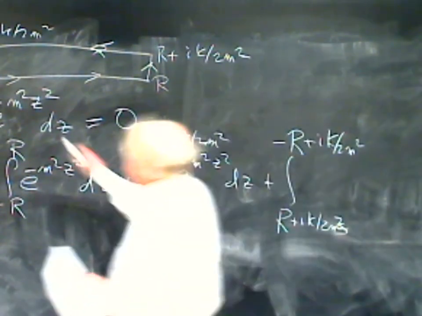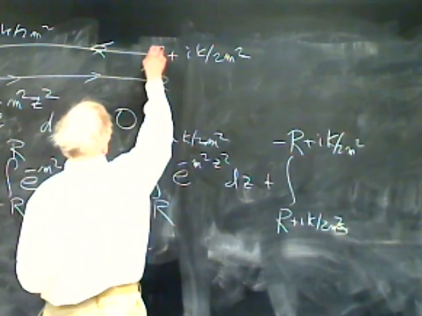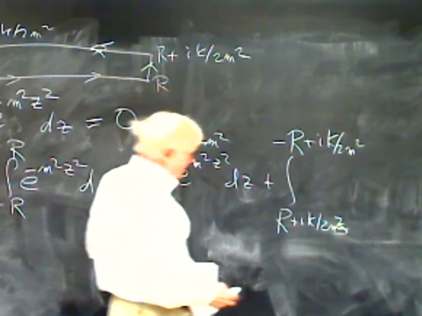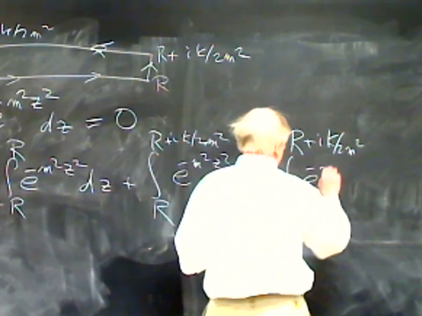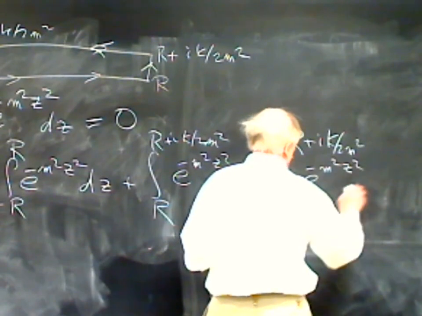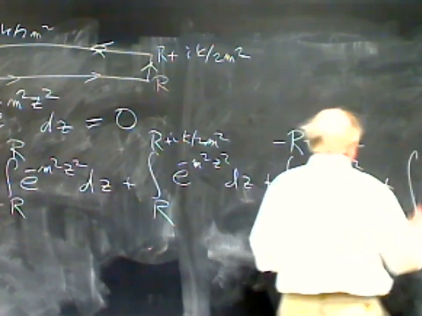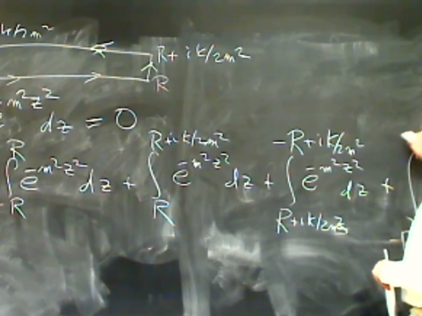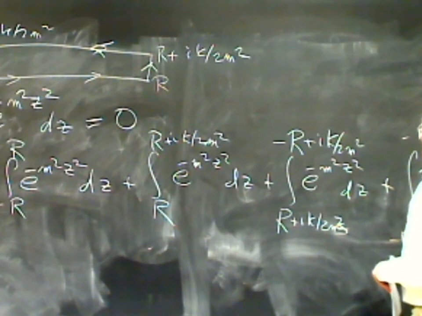It's from minus r to r, from r to r plus, from r plus to minus r plus, and then finally the integral from minus r plus ik over 2m squared to minus r of e to the minus m squared z squared dz.